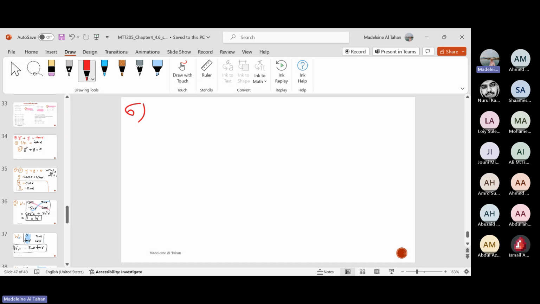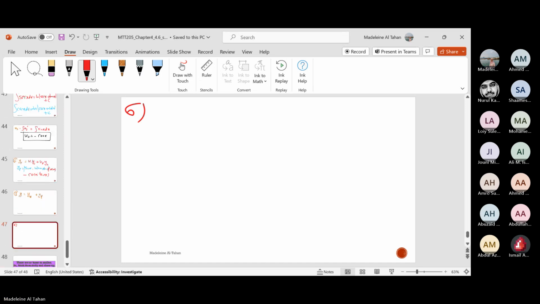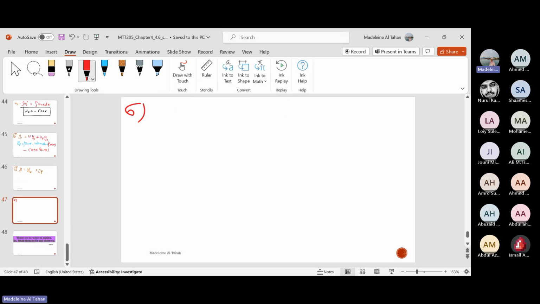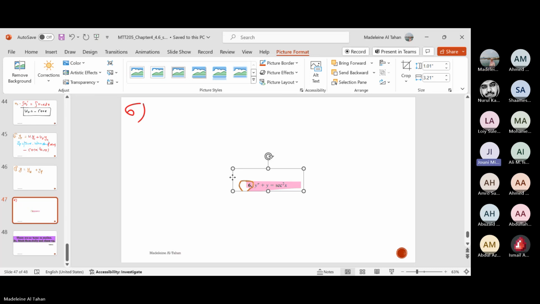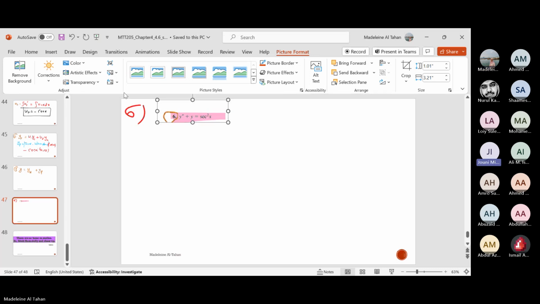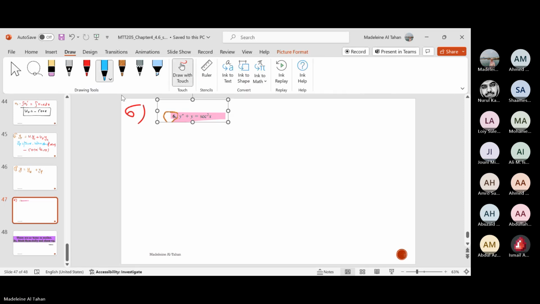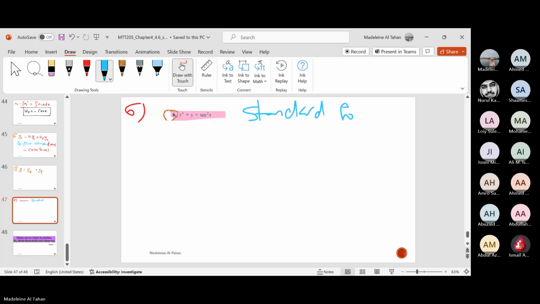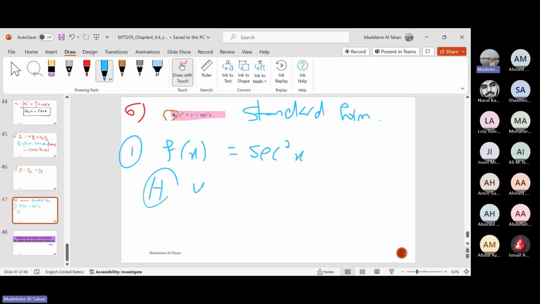The question: y double prime plus y equals secant square x. Already it's written in standard form. g of x is equal to secant square x, and the homogeneous one is y double prime plus y equals 0.